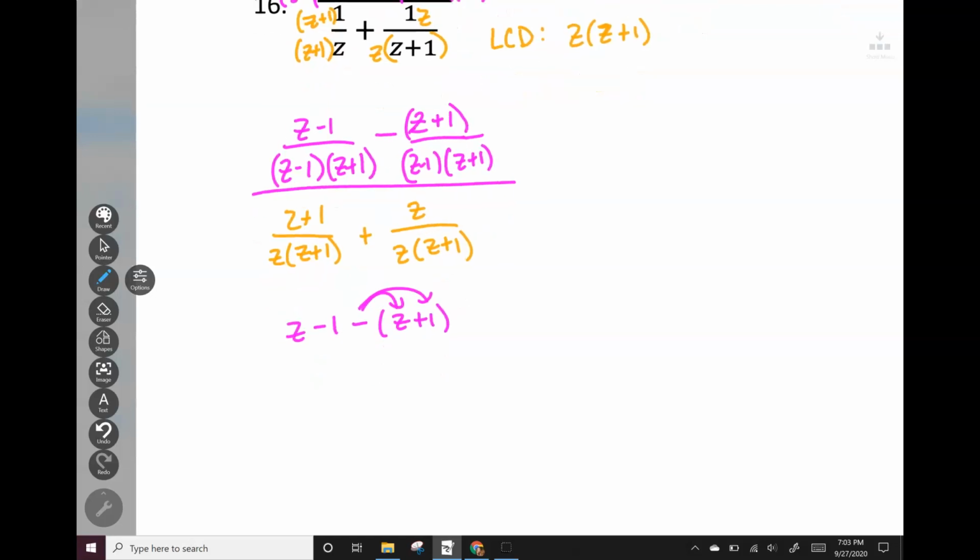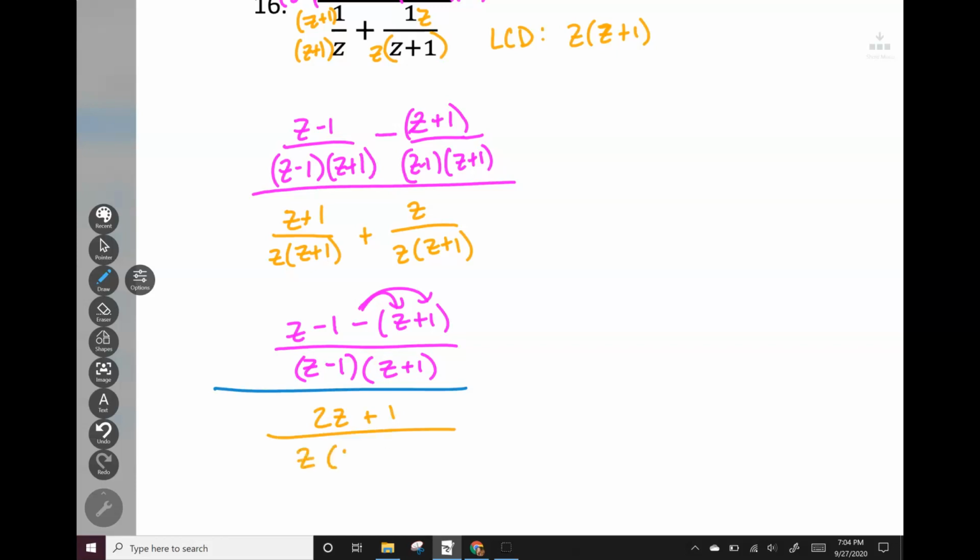The denominator stays the same. In the bottom, performing the addition, z plus 1 plus z is 2z plus 1 over z times z plus 1.